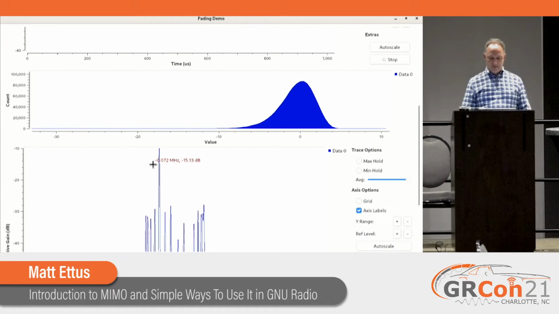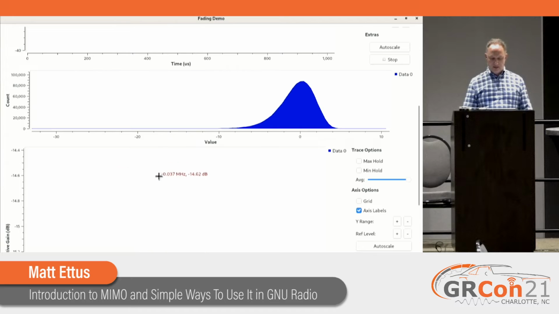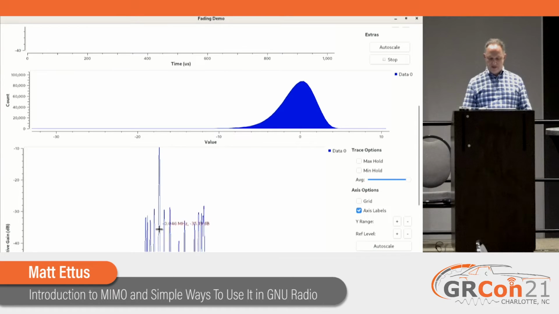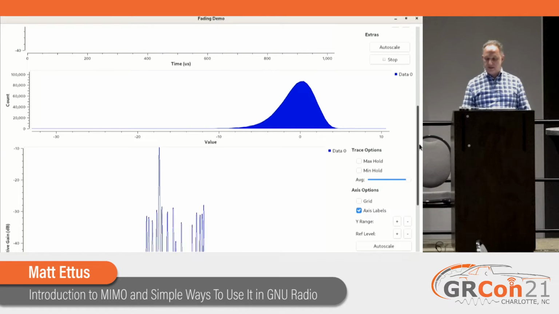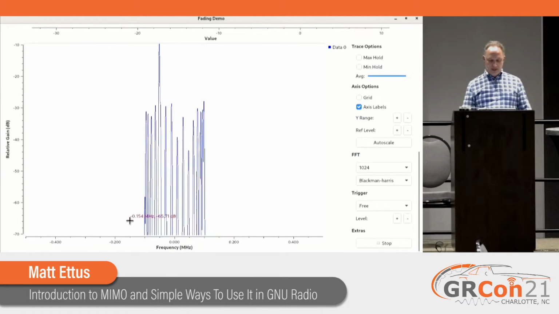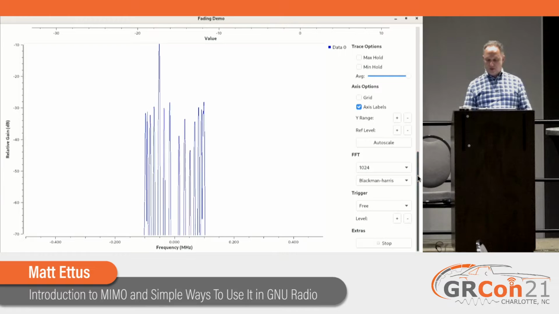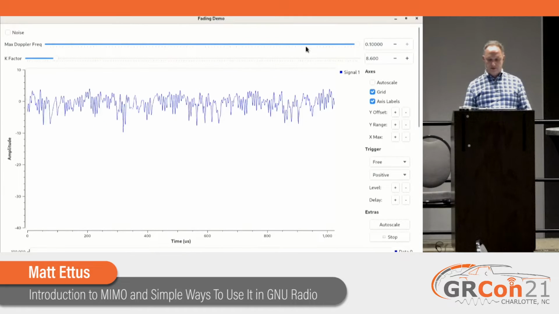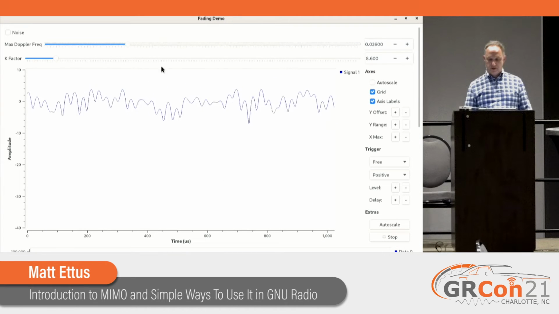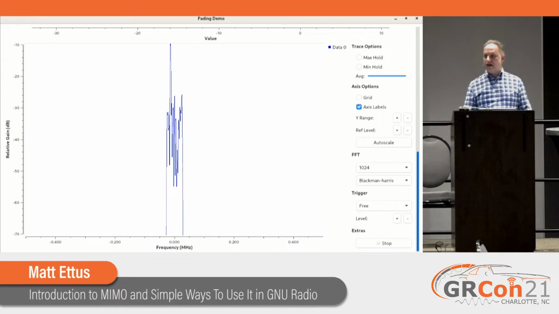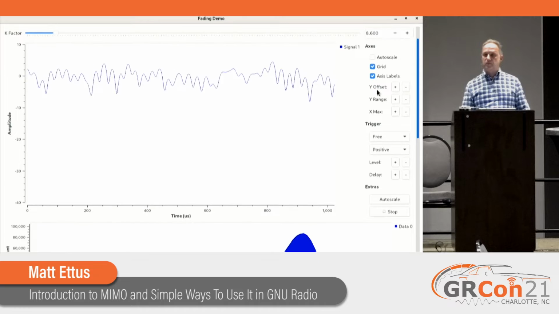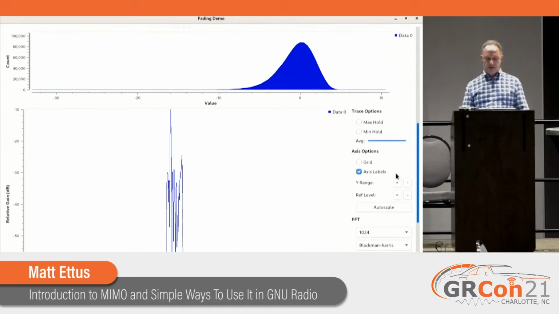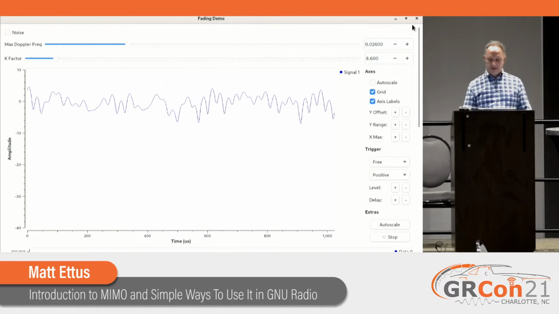Here's our dominant tone right at the middle, and then these are the varying tones. There are 8 of these because there are 8 selected in the model, but you can see that this bandwidth is essentially what I'm setting at the top here. So if I reduce that Doppler frequency, this gets narrower. This is all still flat fading, but it's frequency varying, and so it causes this content in the frequency domain.